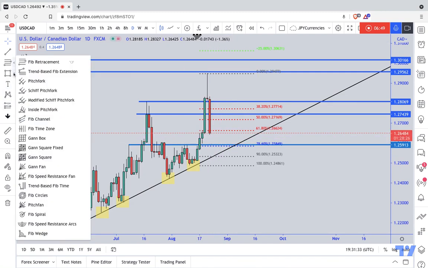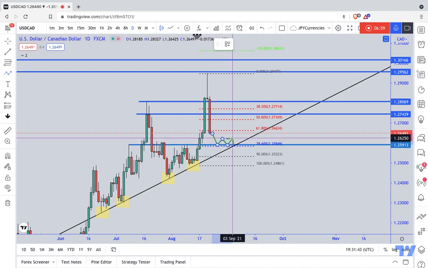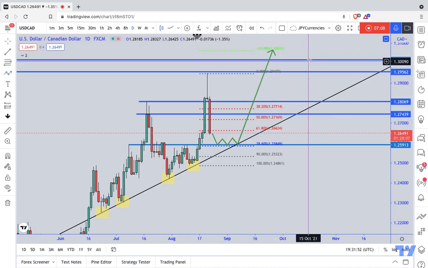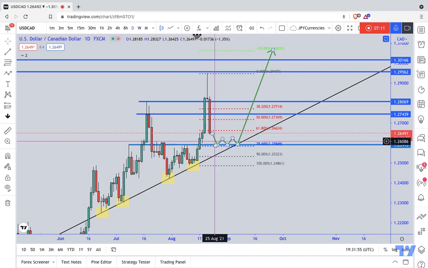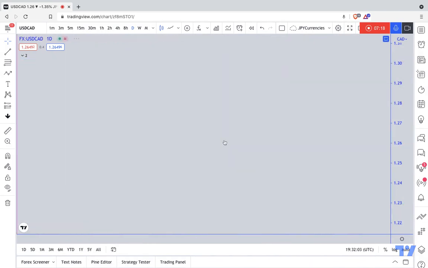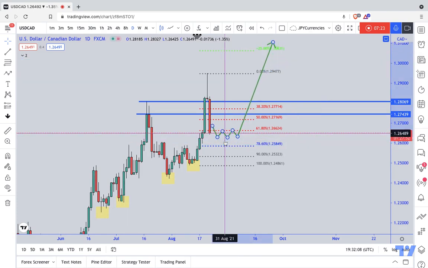Probably we could come here, then hang around here a bit so that we can touch the trend line, and once we touch the trend line, we can have a massive rally again to the upside. Okay, so this is what I'm thinking. Or this hang around could start from here.